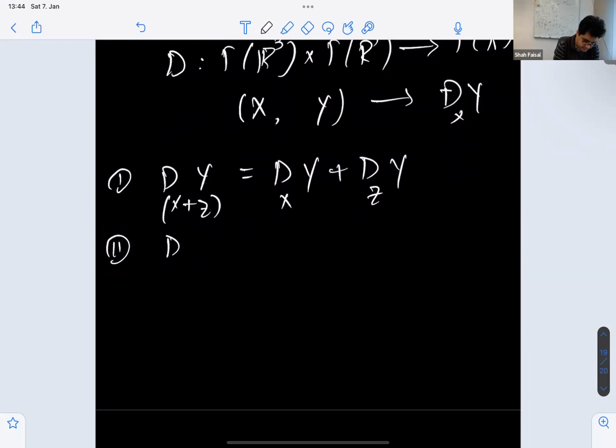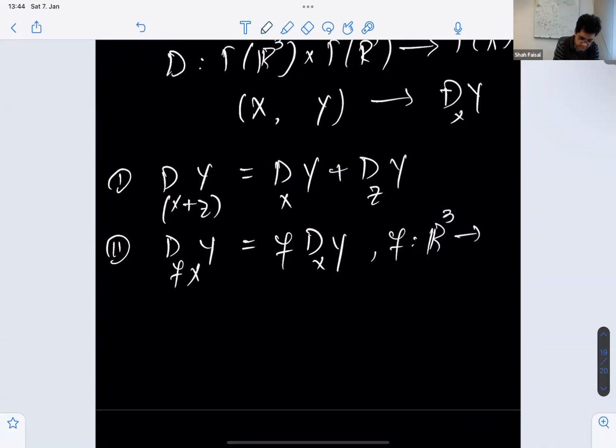And then if you multiply a vector field by a function F and differentiate Y, you simply bring F to the front, where F is a real valued function, right?